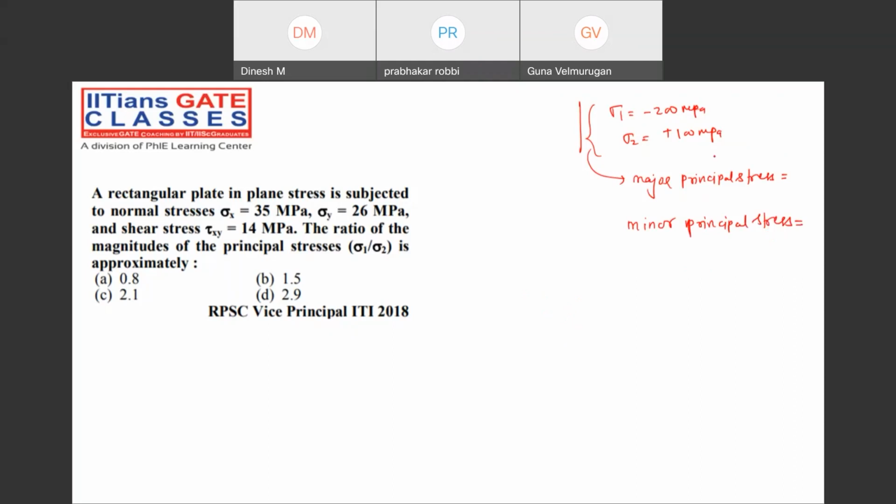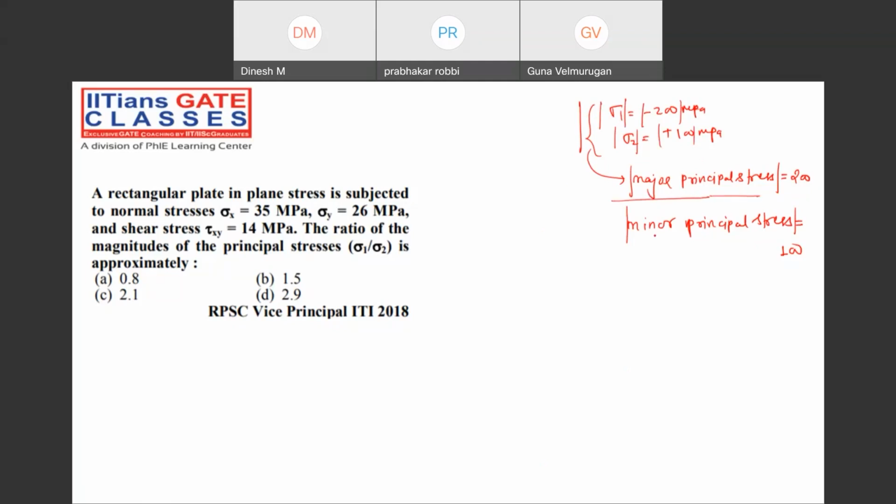Yes, major is 200, minor is 100. See only magnitude. Do not see the directions, the signs. That is very, very important. Because mathematically, minus 200 is lesser than 100, but you do not think like that. You always think like a positive quantity.